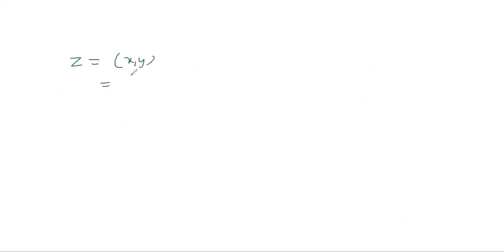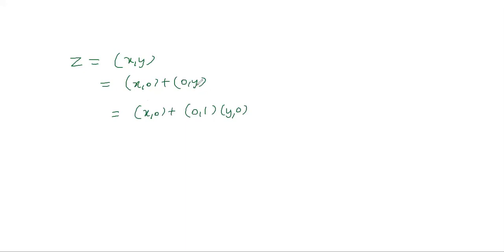This is something you can write: x comma 0 plus 0 comma y. This is very easy to see. As an ordered pair, I can write x comma y as x comma 0 plus 0 comma y. And 0 comma y further can be written as 0 comma 1 times y comma 0.